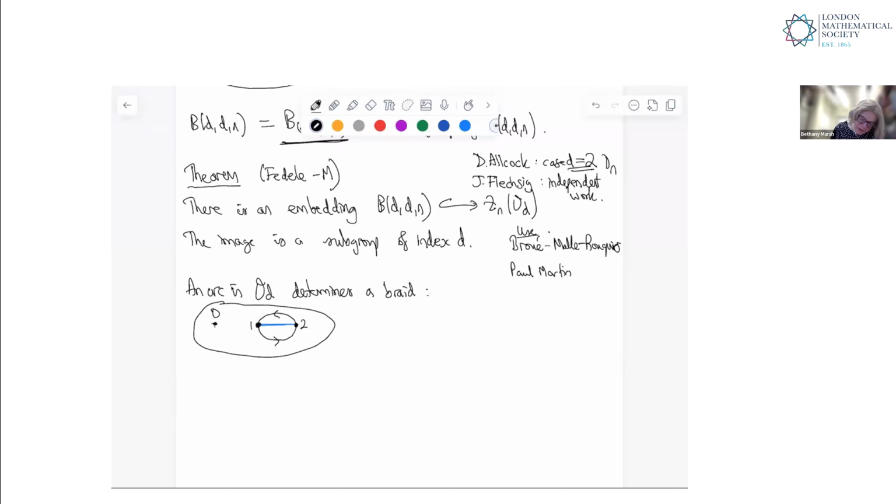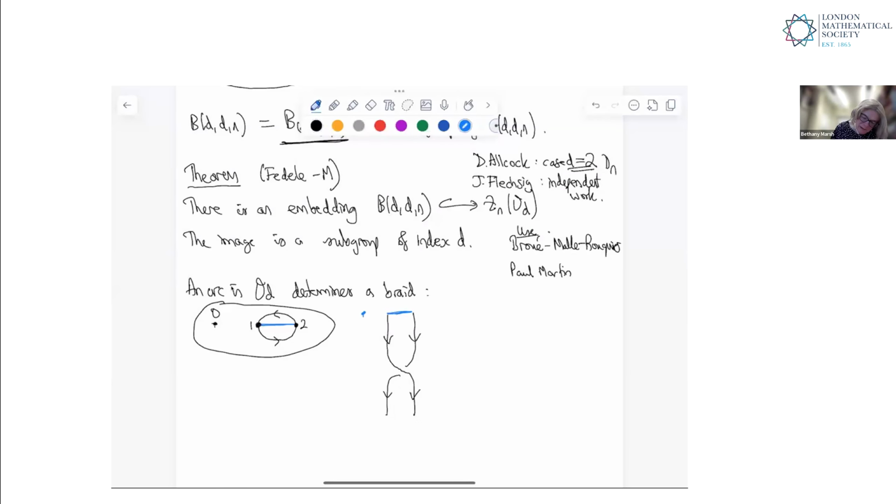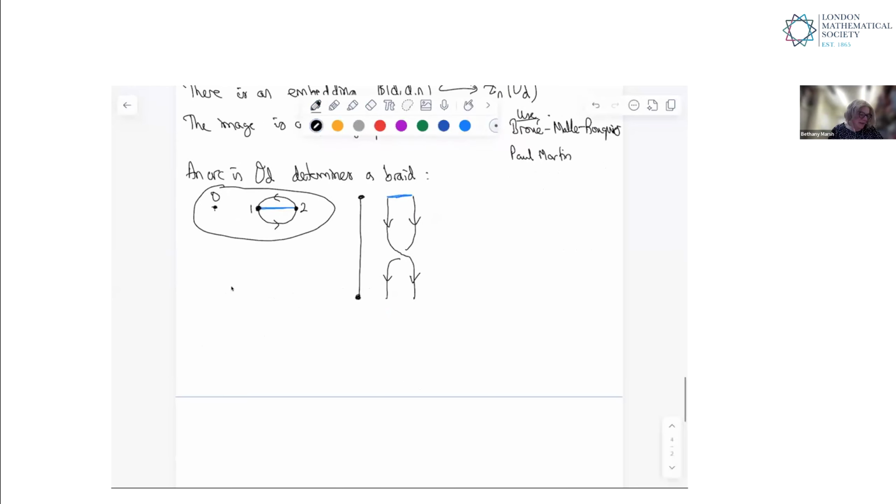Or in other words, the corresponding braid would look like this. Okay, we've still got our hole there. I won't draw the rest of the O_D, but you get the idea. An arc determines a braid in a nice way.